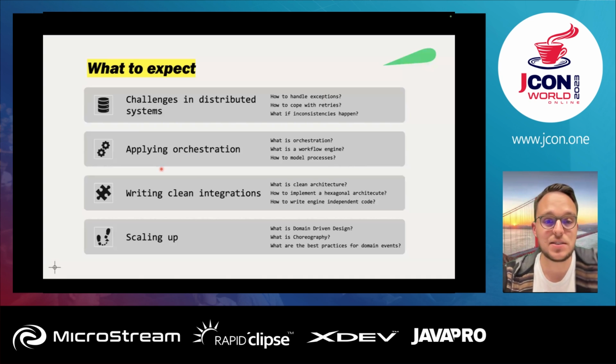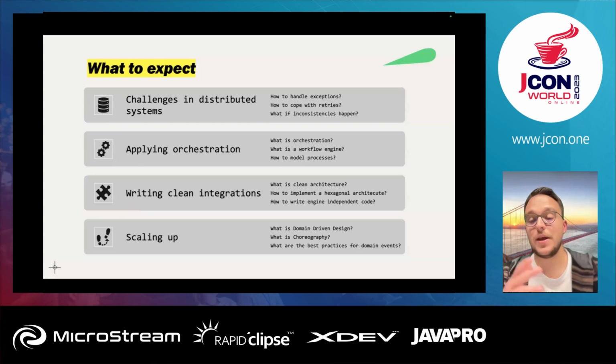And once having done so, we'll then go over to how we can actually write clean architecture, clean code, by introducing the hexagonal architecture, and also elaborate a bit on how you can write technology neutral code without including external dependencies in your domain. Then the last topic is all about scaling up in terms of teams.